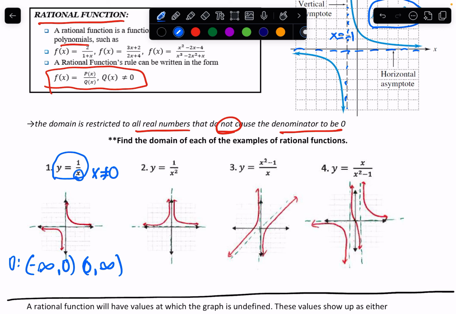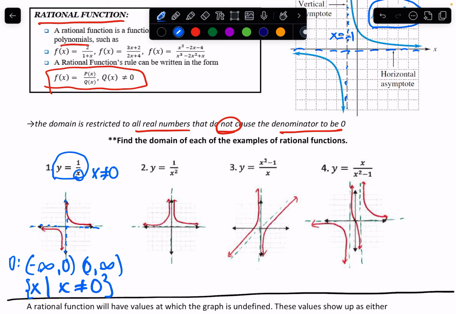Or we can write it as a set: x such that x does not equal 0, in braces. Now, if we look at the graph, we can see that it does not cross the x-axis and it does not cross the y-axis.